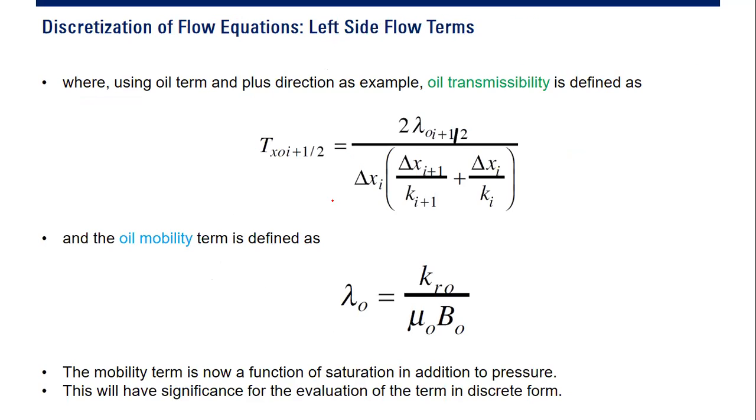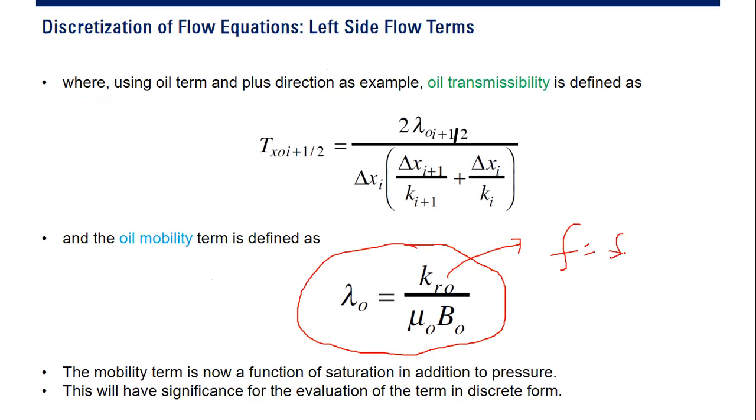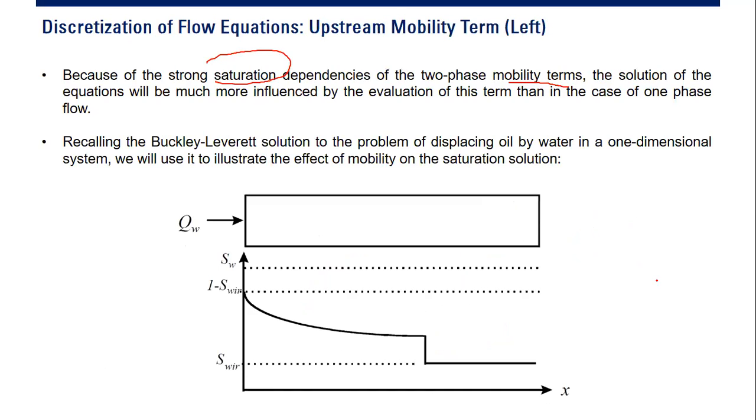Previously we have this equation for the mobility, and you know that the relative permeability is a function of water saturation. So in a two-phase system, our mobility term is strongly dependent on the water saturation.